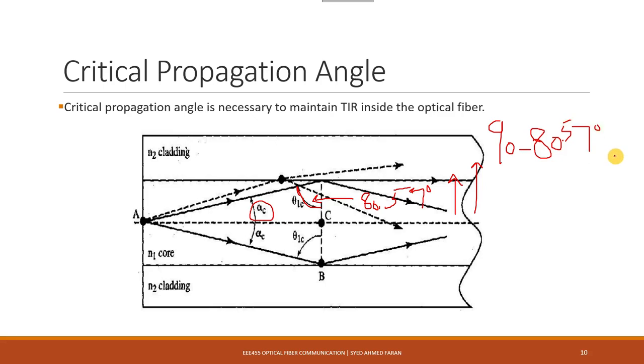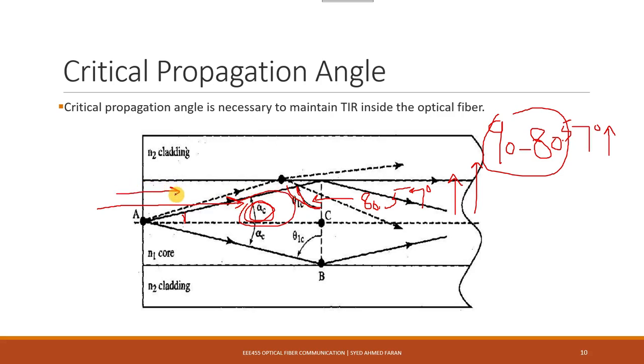When the light makes an angle of more than this value, this value will become smaller and smaller. As the light falls on the surface more flatly, this angle becomes smaller and smaller, and the incident angle becomes greater and greater, approaching 90 degrees, while this approaches 0 degrees if the light becomes very flat.